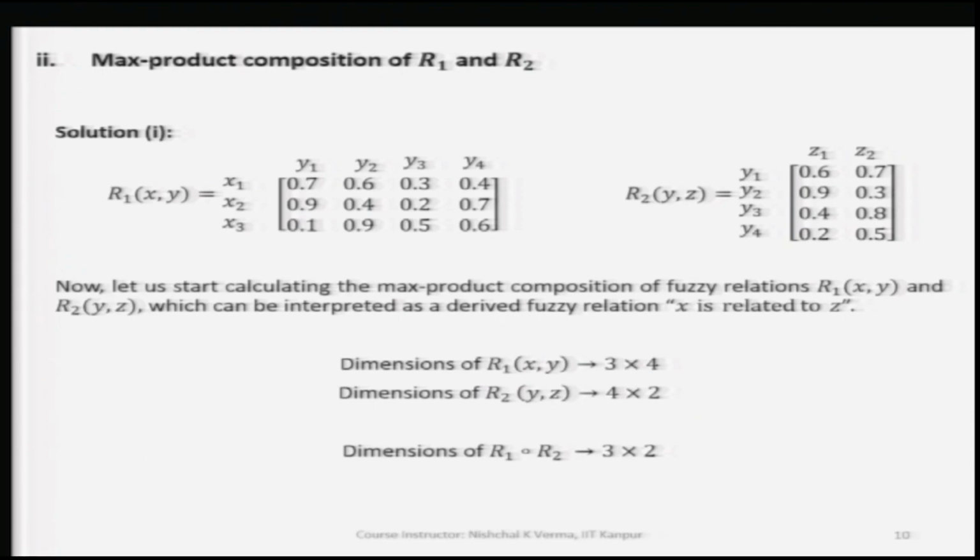So, if we take the same example here, the R1 fuzzy relation set is written here, and similarly the R2 also, and here we see that again we have a 3 cross 4 matrix, and then a 4 cross 2 matrix.